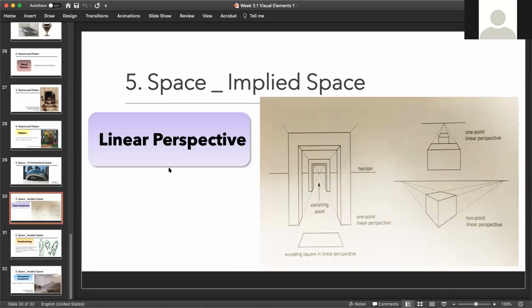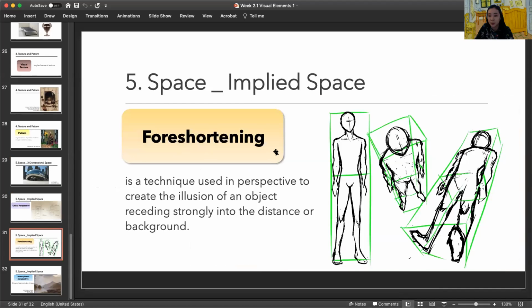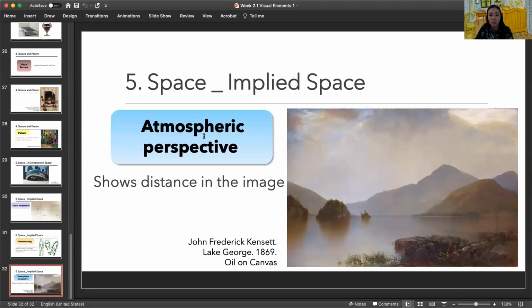And then the Renaissance masters used 3 types of implied space to create the three-dimensional appearance on the two-dimensional surface. So this is the first one, linear perspective. And the next one is foreshortening. And the last one is atmospheric perspective. Okay, thank you. You're welcome.